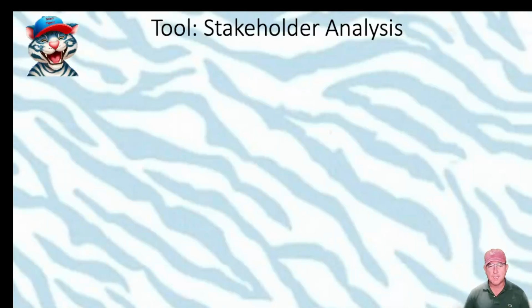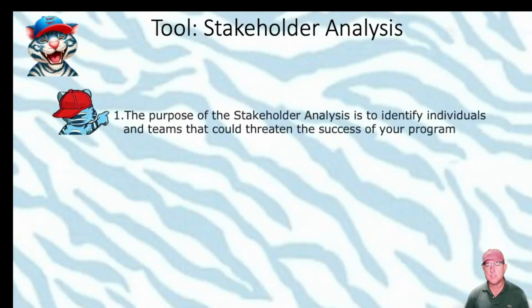Hey Tigers, we're back. This will be the last concept for this section, and we're going to talk about a tool that I use called the stakeholder analysis. Now, the purpose of the stakeholder analysis is really to identify your colleagues or teams that might threaten the success of your program.